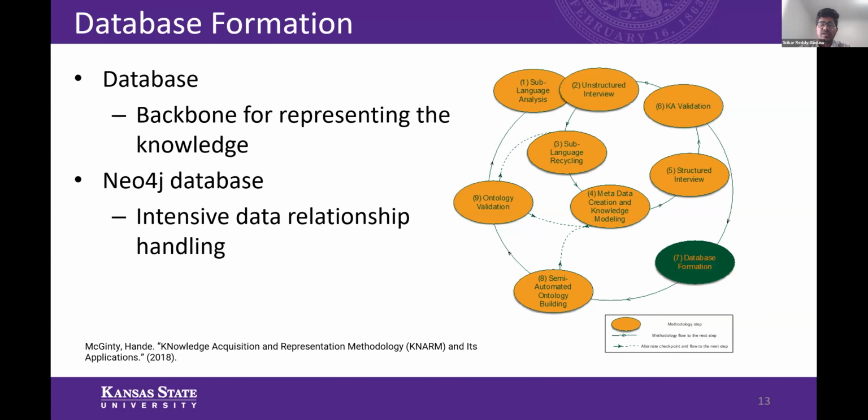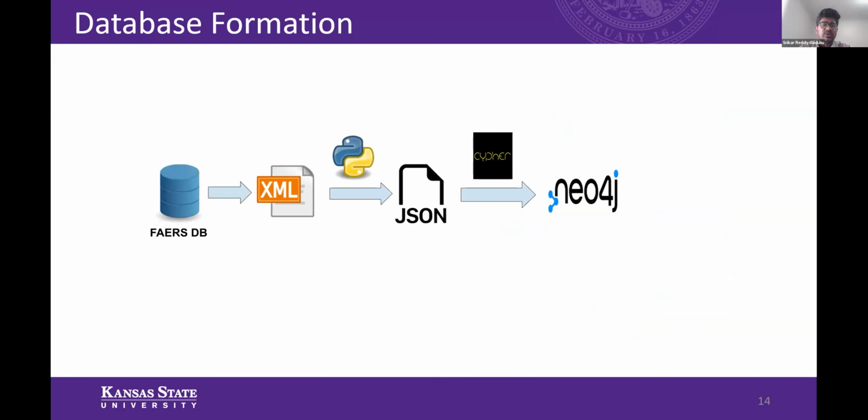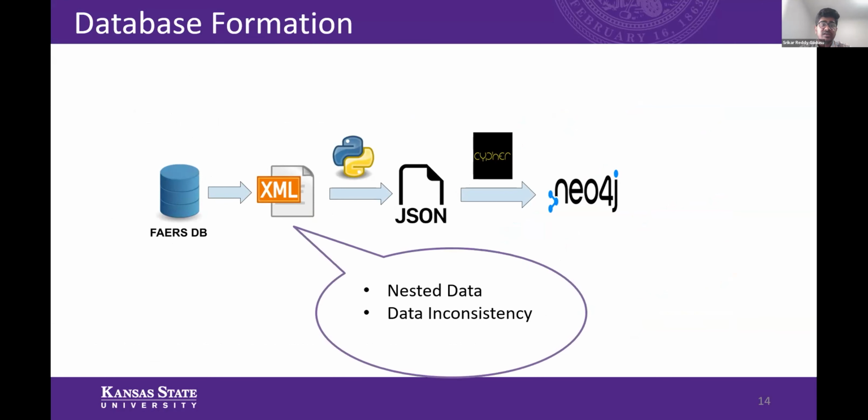So how did we create this database? In the initial step, we took the datasets from the FDA. As we have discussed, the data is in a nested structure, and there is also data inconsistency, such as some patient reports not containing all the necessary information.